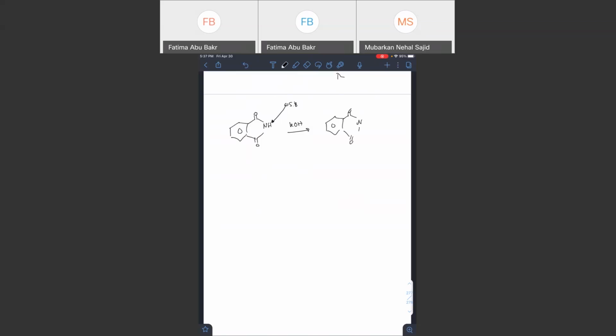After that, all we have to do is add on the alkyl of choice. You could add on whatever you want. I might just add on this one with a halogen on it, of course. The halogen is going to leave spontaneously, the negative charge is going to attack that, and so now we have the alkylation.